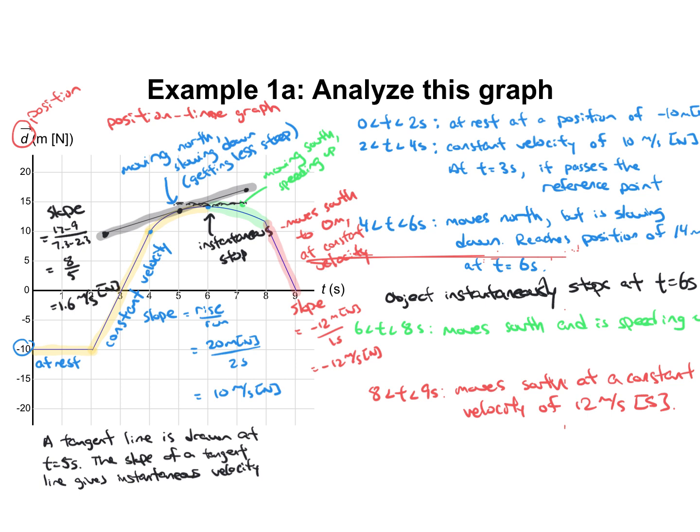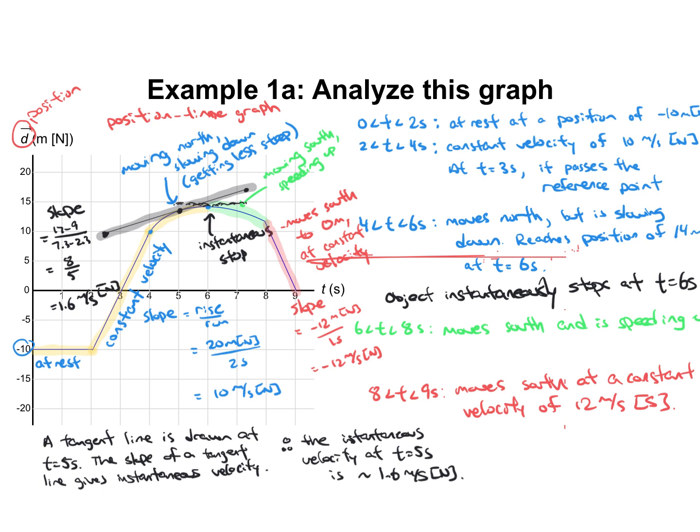So therefore, the instantaneous velocity at t equals 5 seconds is approximately, using this little tilde here, 1.6 meters per second north.